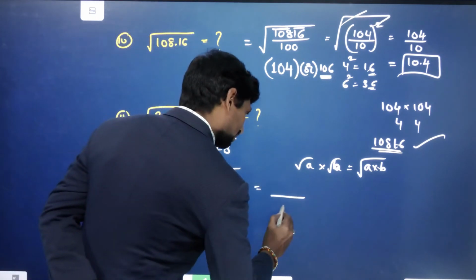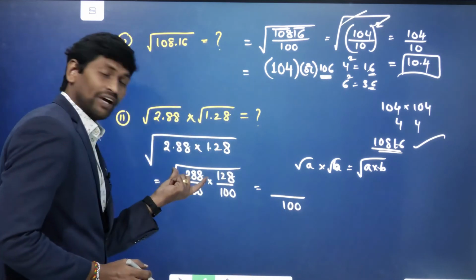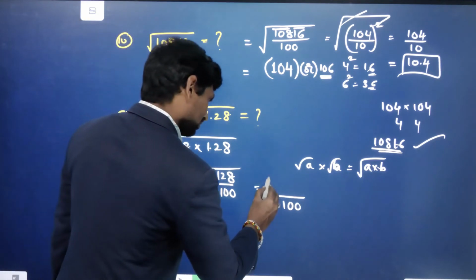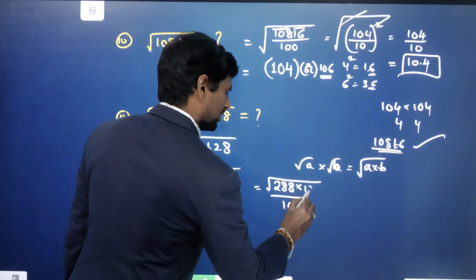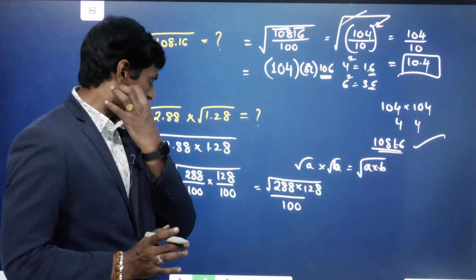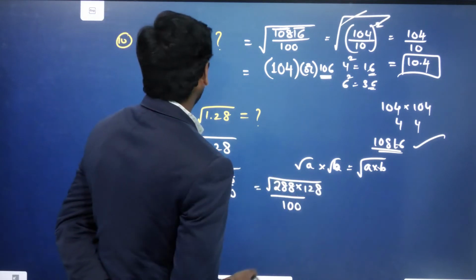So without root we will get 100. And we need to find square root of 288 and 128. 288 into 128. So by using the prime factorization method, I am going to find out the square root of these two numbers.